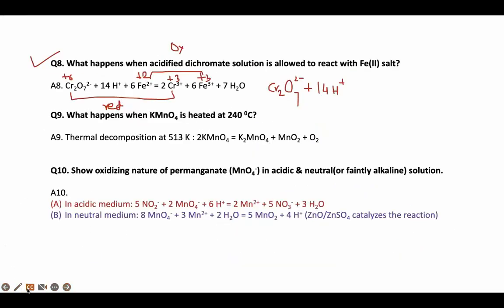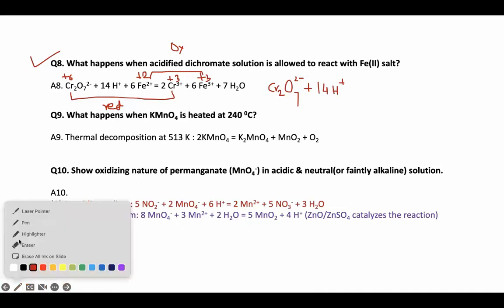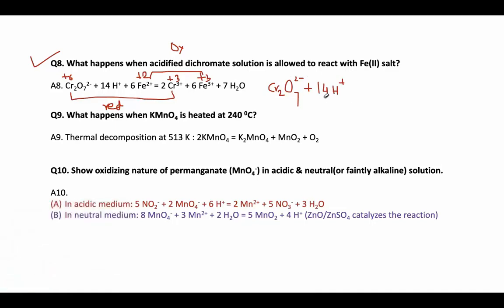Firstly, we will see how the molecules are actually reacting, and then eventually we will balance it. Here we have Cr2O7 plus H+ plus electron, because since it is an oxidizing agent, it will take up the electron.